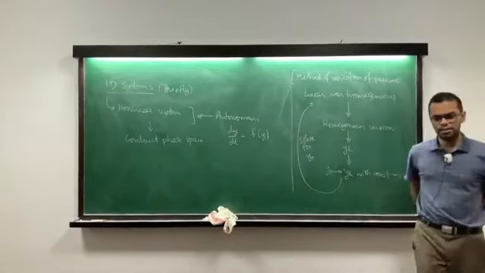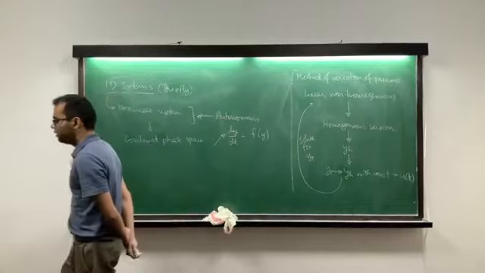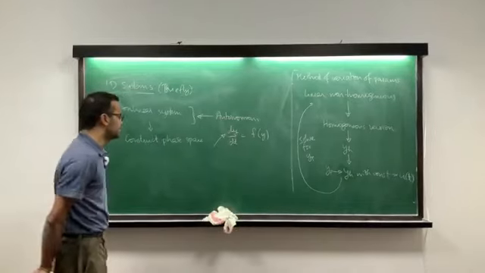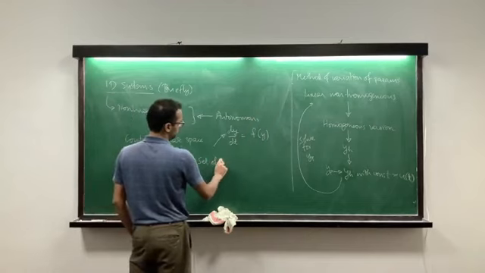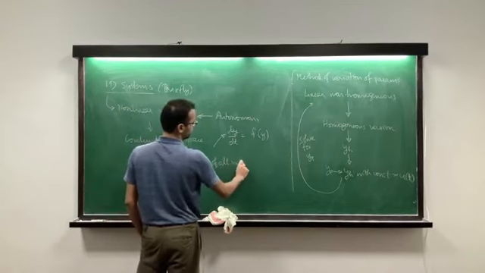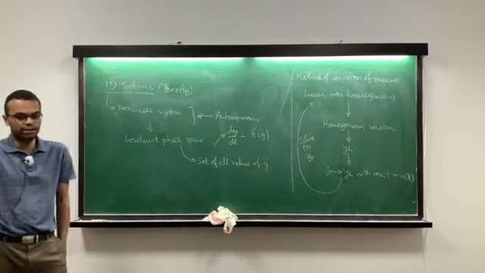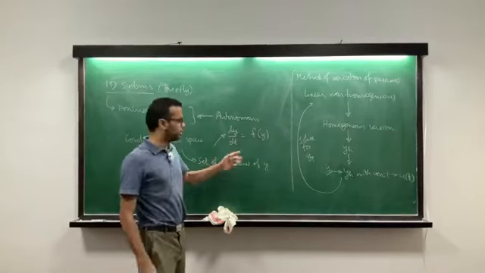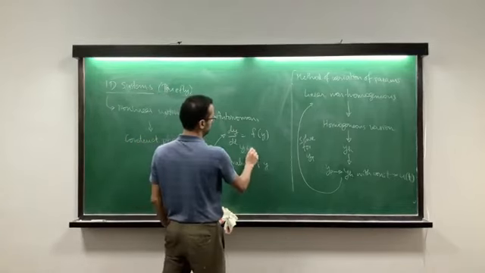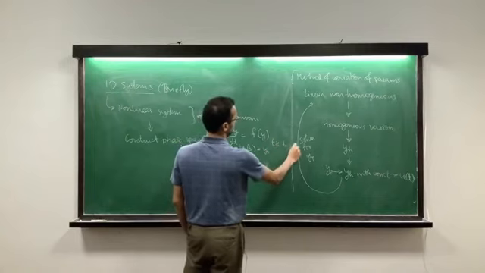But the point is that if you have an autonomous system like this, then the phase space basically corresponds to the set of all values of y. Okay, y is a number, presumably it's a real number, but the phase space of this system IVP, y of t naught equals y naught, and then t belongs to whatever.